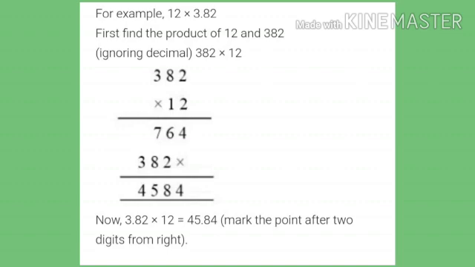We will get the product as 4,584. After that, in the final answer, we will mark the point after 2 digits from right as the decimal place of 3.82 is 2. So, in the answer, the decimal point will be kept after 2 digits from right. Note down this in your notebook.